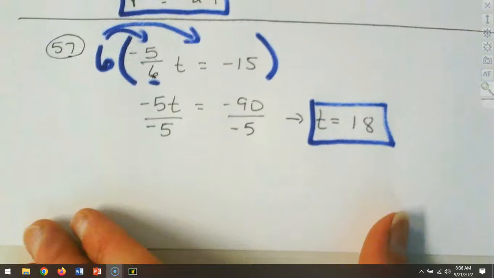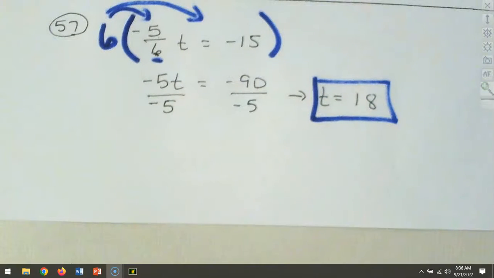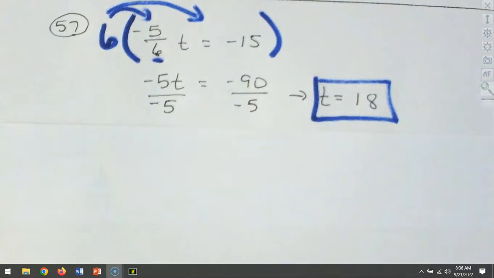Okay. So you can combine the fractions together or clear them out. We're learning how to clear them out in this section. A lot of times I have you clear them out. Now, if you have multiple fractions, you can clear them out all at once. One that has several fractions in it would be question 66.